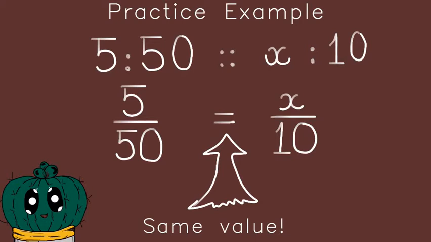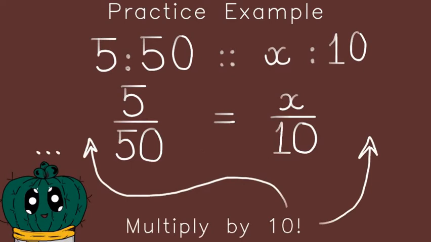Let's solve this for x. Whenever we are trying to find the value of a variable, we need to have that variable isolated, and we can do that by removing the 10, which is dividing x. We do that by multiplying both sides by 10.